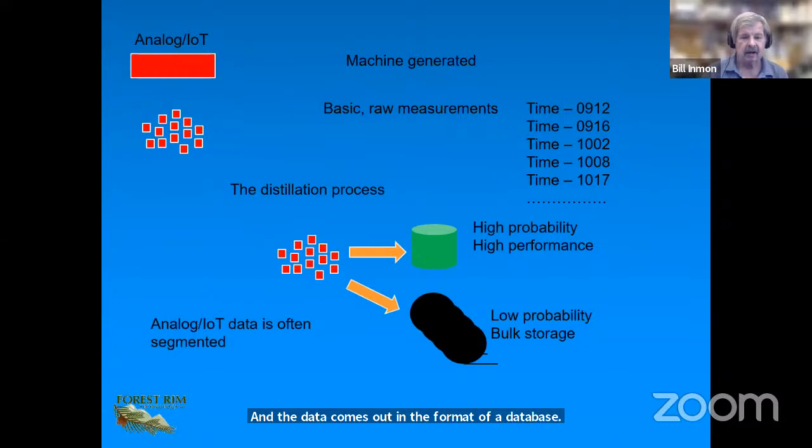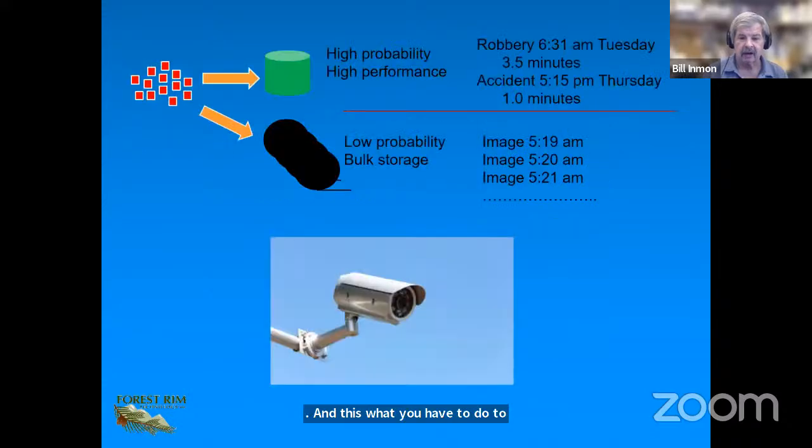The analog data goes through a distillation process. And so what does the distillation process do for us? The distillation process comes along and separates the data into data that is likely to be of importance versus data that is not likely to be of importance. And so this is what the distillation process looks like, and it's what you have to do to your analog data.